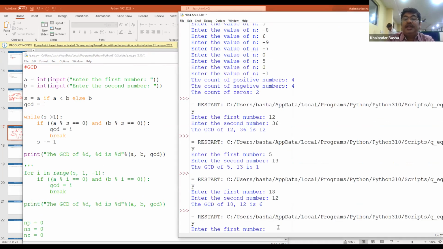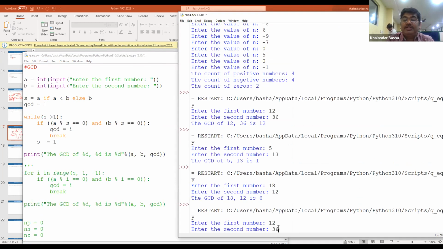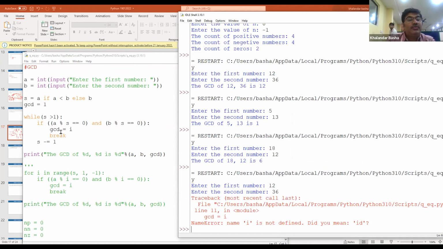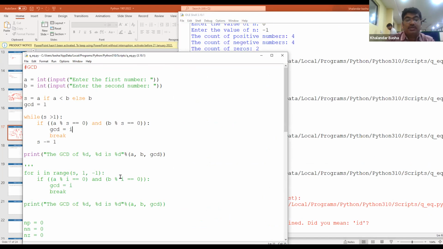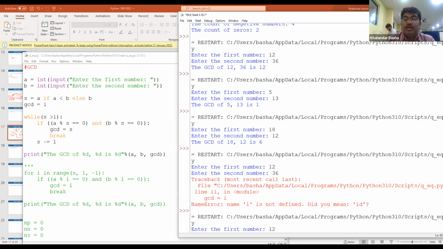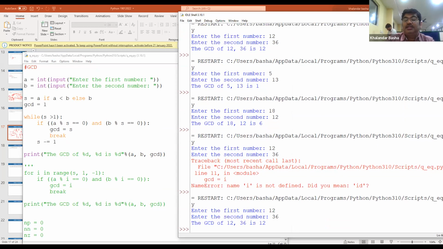The same numbers I'll take. First 12, the second number is 36. I is not defined, so here it is S. 12, 36, GCD is 12. The second combination we took is 5, 13. Again, I'll run this program with the prime numbers.